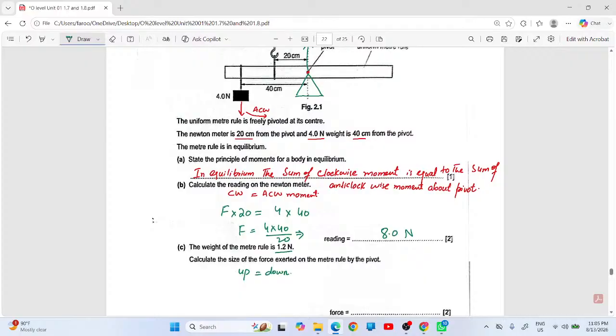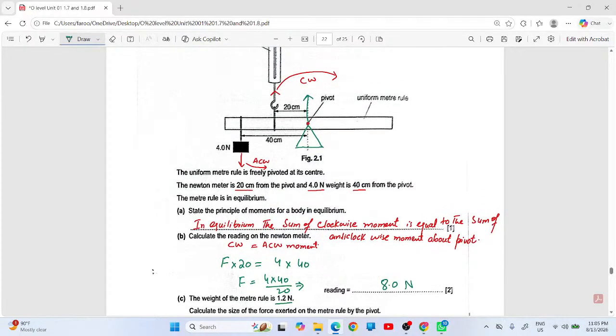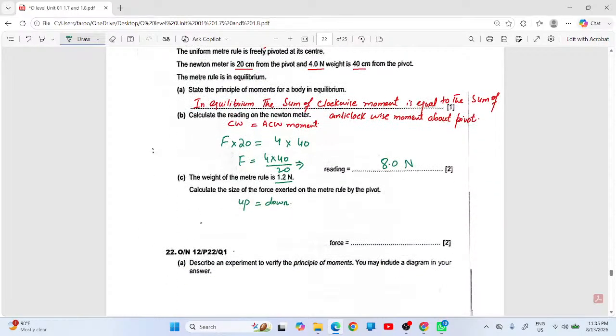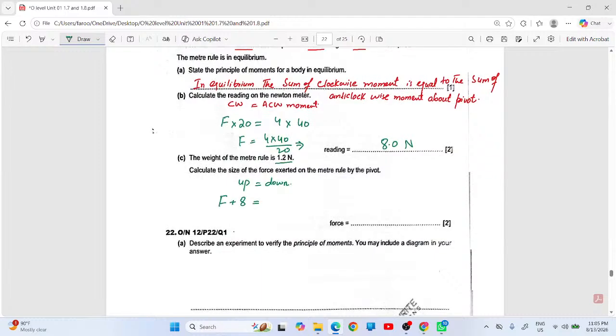So upward forces are the force due to the pivot F plus the force due to the other support, and the downward force is 4 plus 1.2. This will be 8 minus 4 newton. Check the answer.